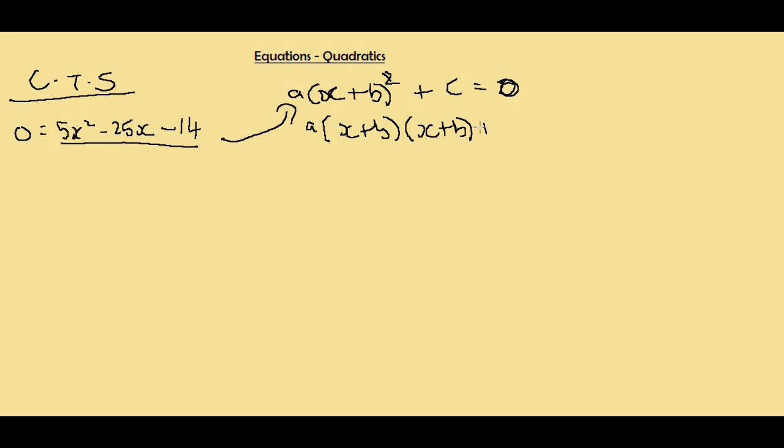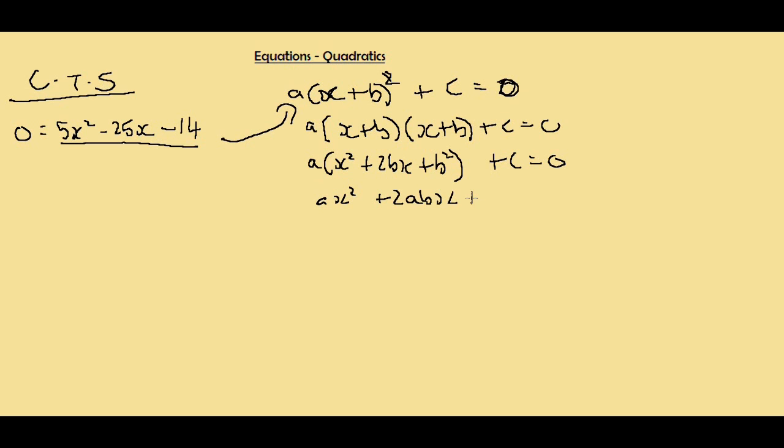So when we multiply that out, again, I'm not going to go through how to expand a double set of brackets, but what we get is x squared plus 2bx plus b squared, and then we've got that plus c equals 0. Again, we'll multiply the a out, so we get ax squared plus 2abx plus ab squared, and then plus the c equals 0.